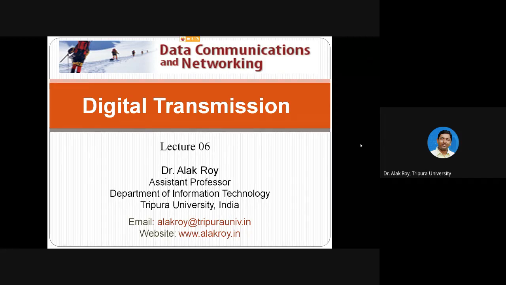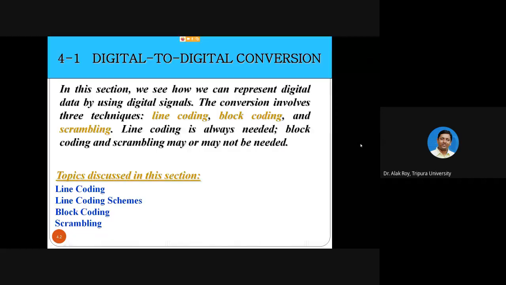Today's topic is digital transmission. It is lecture 6 in the series of data communication and computer network. Digital transmission, first topic is digital to digital conversion. In this slide we will see how to represent digital data by using digital signal.